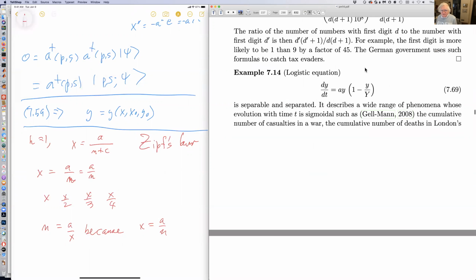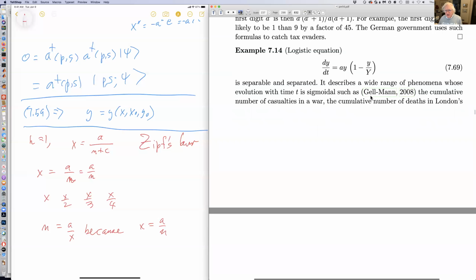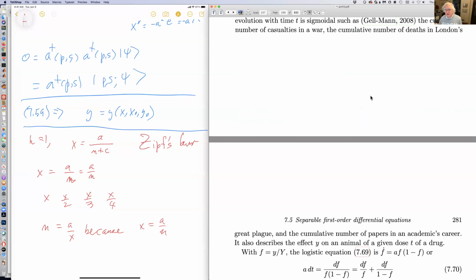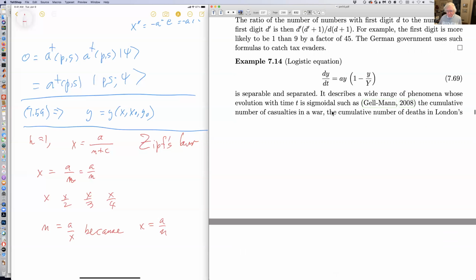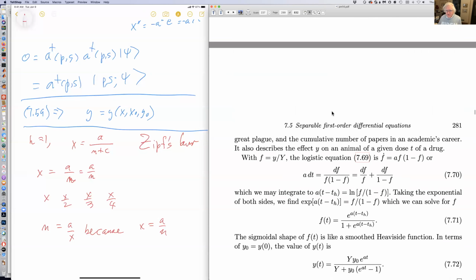Another important first order separable equation is the logistic equation. dy dt is ay times 1 minus y over some capital Y. This describes many different things in nature, and I would think it's a little more accurate than Zipf's law. In any event, you can solve it.